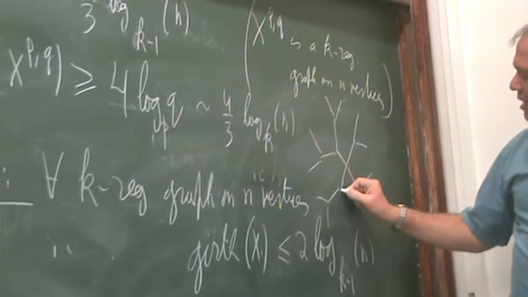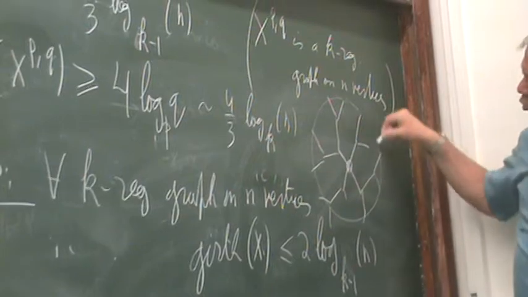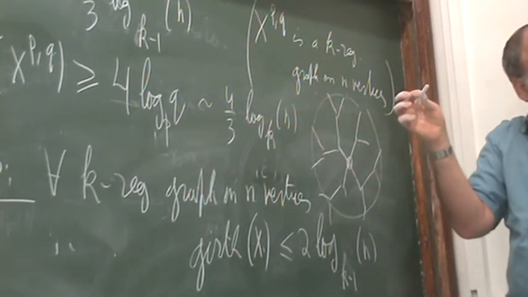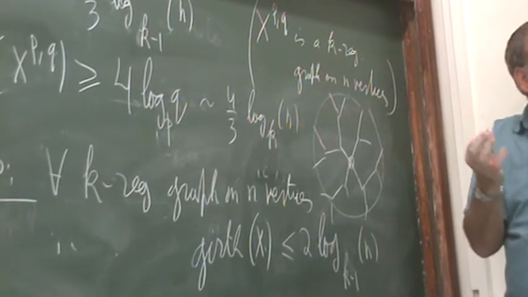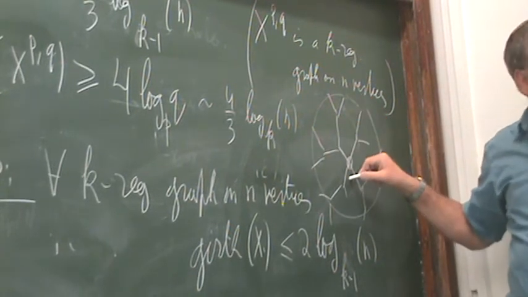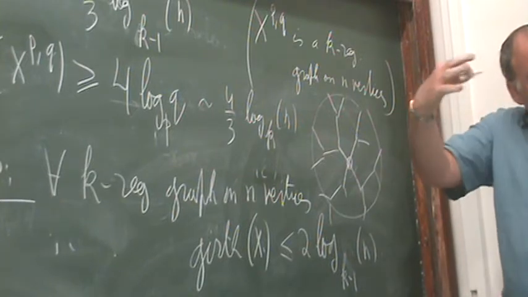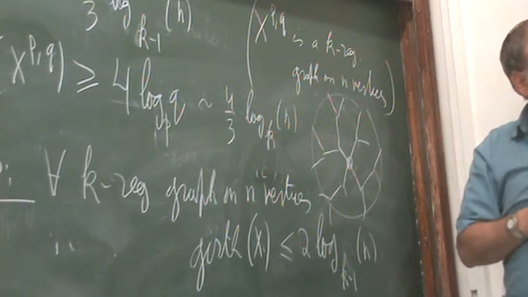It means that if you start with some point and look at the ball around that point of radius G/2, then all the points there are different from each other, because you don't see any loop, any closed path, inside the ball of radius G/2. Which means that up to radius G/2 it behaves like a tree.